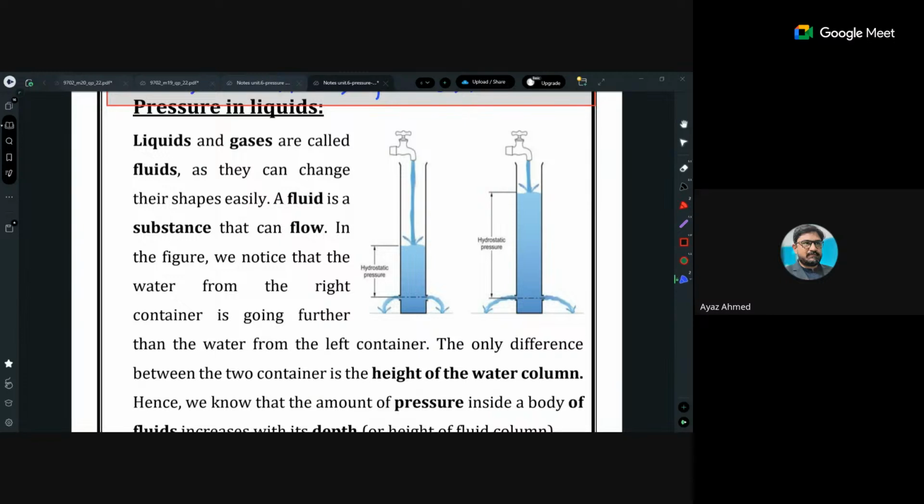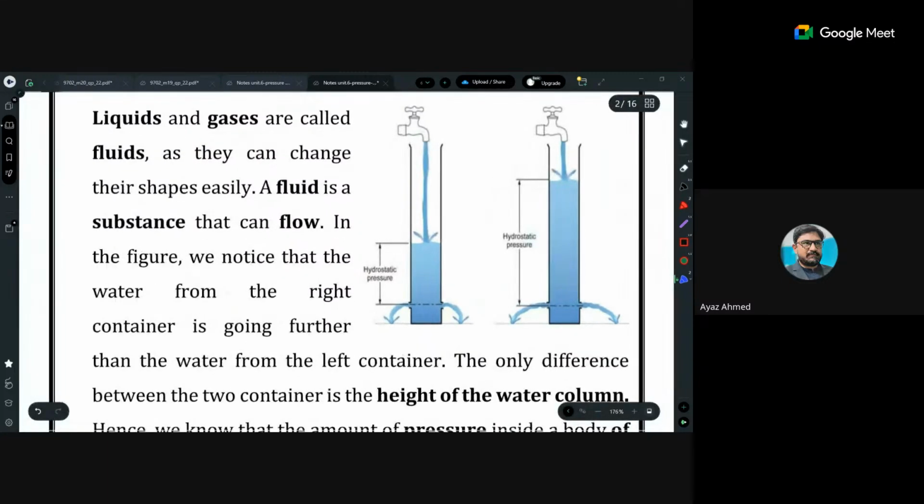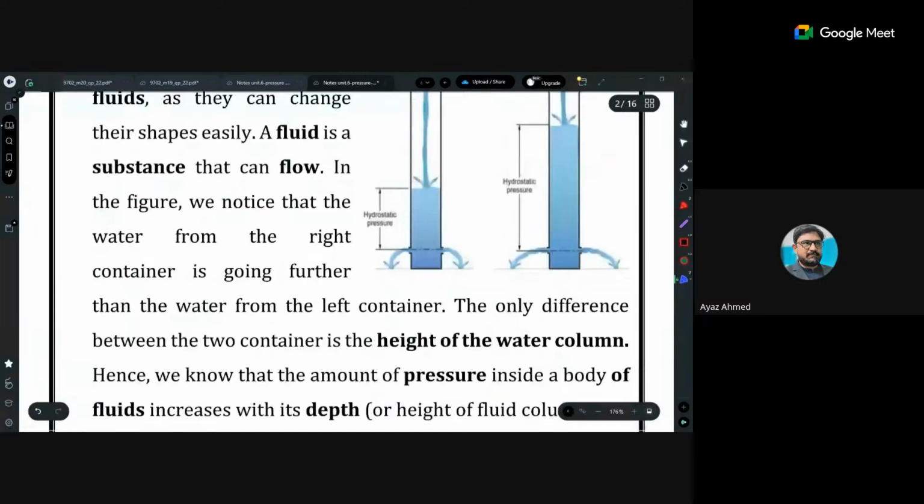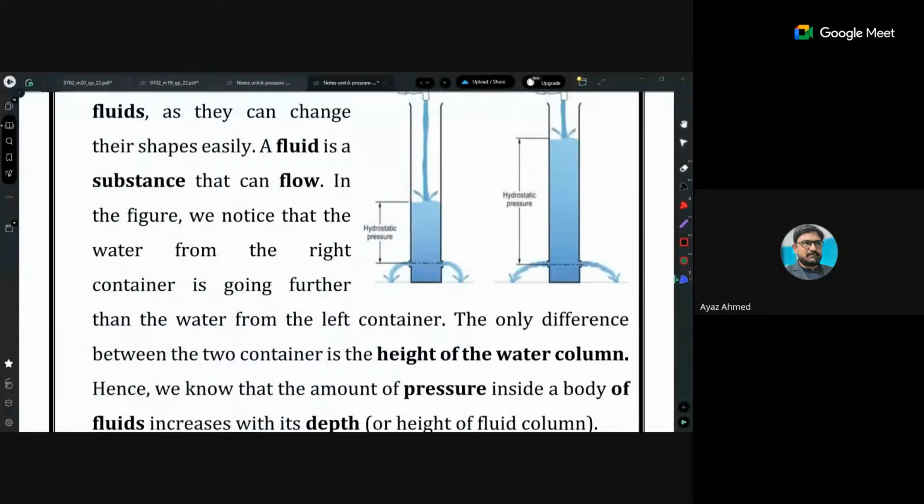One of them is that liquids and gases are called fluids, and in fluids, the pressure is due to three things, right? One, the height of the column, which is usually called depth below the surface of the liquid or below the surface of the air. Second is the density.